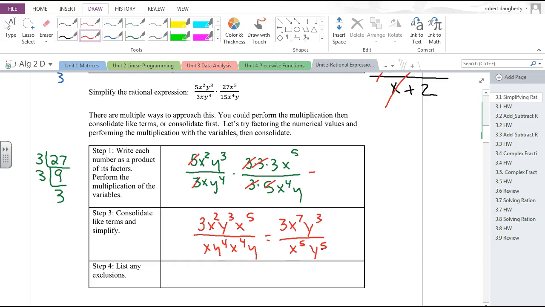And then how do I simplify this? This is 3 x to the 7 minus 5, and y to the 3 minus 5. So this is 3 times x to what power? X squared, y to the negative 2. So we write this as 3x squared over y squared.